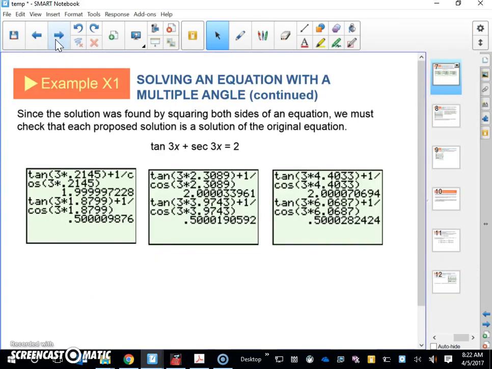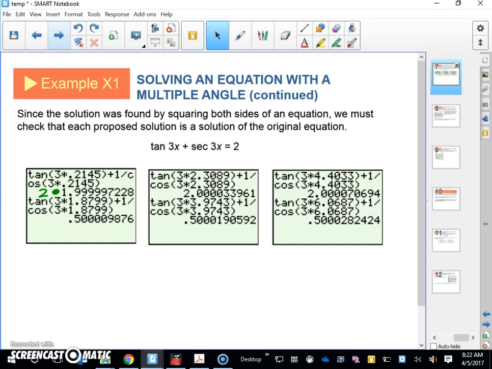The next slide shows you that they've done that. Okay? When they plugged in 0.2145, is that one of our numbers? Yeah. Okay. They plugged 0.2145 in and got, basically that's 2. Okay. When a calculator is really, really close to a number, sometimes it's just rounded off.